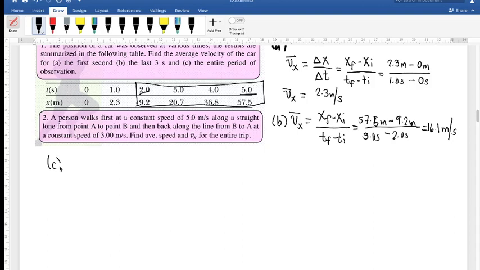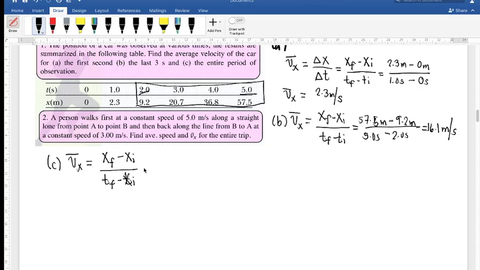But how about for the entire period of observation? So for the entire period, meaning that is from 0 to 5 seconds. So ito yung entire period natin. So for the entire period, we will let our final position to be the 57.5 and the initial position to be our origin.